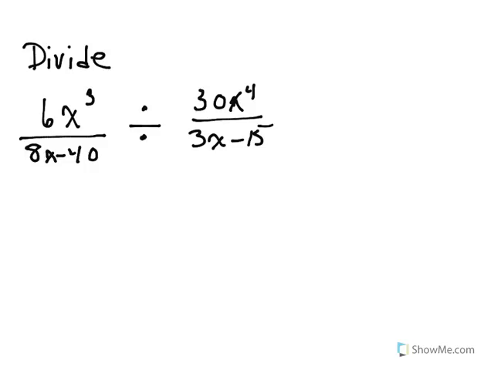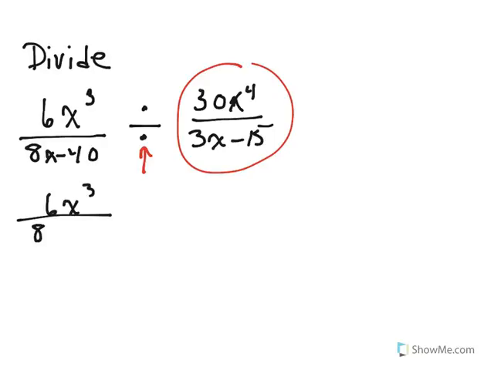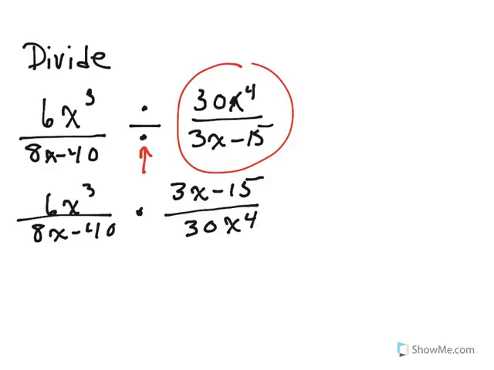To divide rational expressions, since they are fractions, you cannot divide. So we must change the division to multiplication and flip the second fraction upside down. So that will give us 6x to the third over 8x minus 40 times 3x minus 15 over 30x to the fourth.